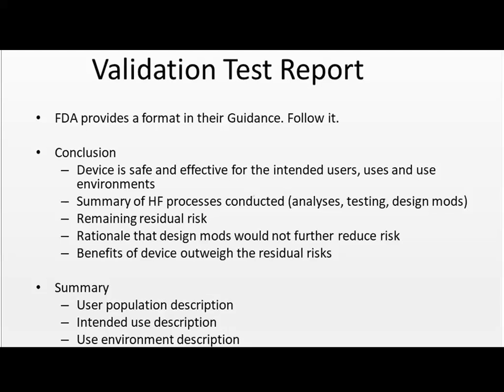You're going to discuss in detail the remaining residual risk. Be careful to give enough detail about that. You're going to discuss your rationale that your design modifications would not further reduce risk. You're going to discuss, if it's appropriate, the risk-benefit analysis.